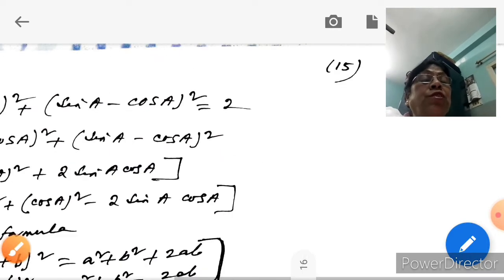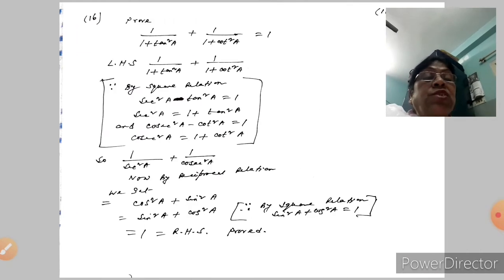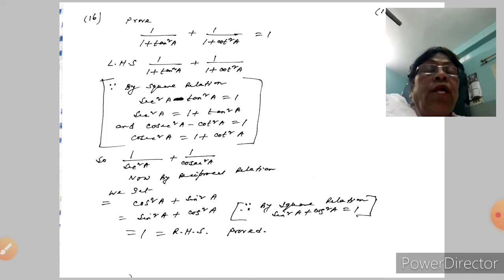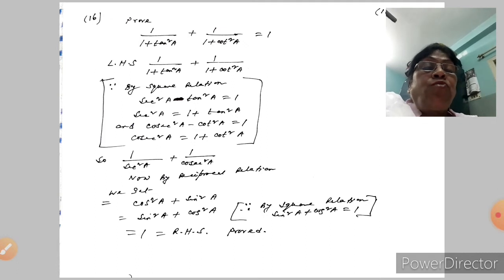Now, come to question number 16. Prove 1 by 1 plus tan square a plus 1 by 1 plus cot square a is equal to 1.